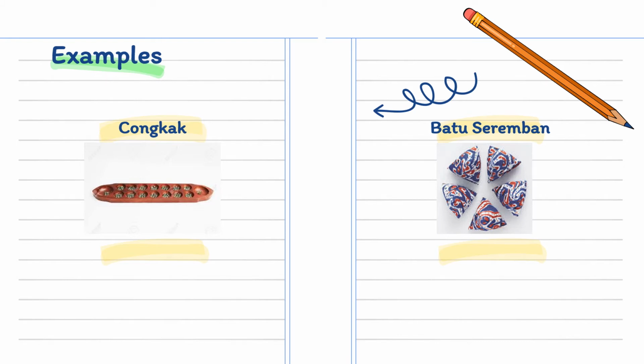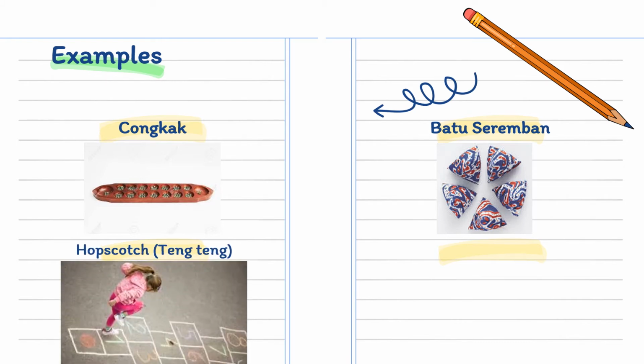Okay. Next is hopscotch or teng-teng. Hopscotch is the English name for teng-teng. Congkak and batu seremban don't have English names, but teng-teng has the English name, which is hopscotch, because it's also played in the Western countries.